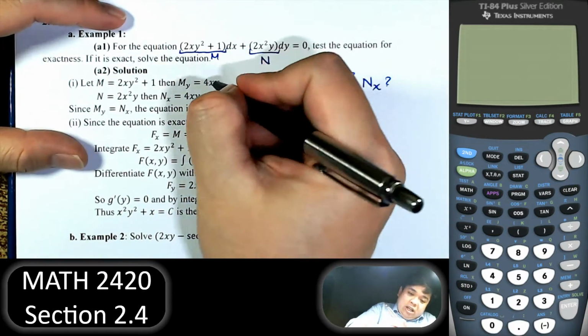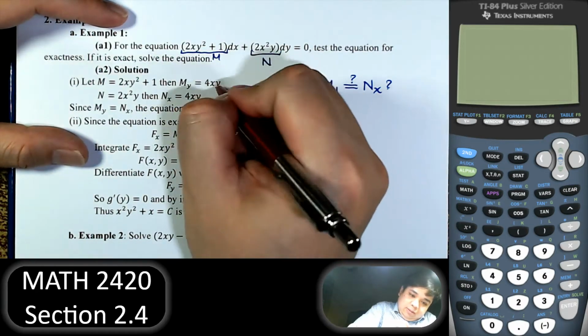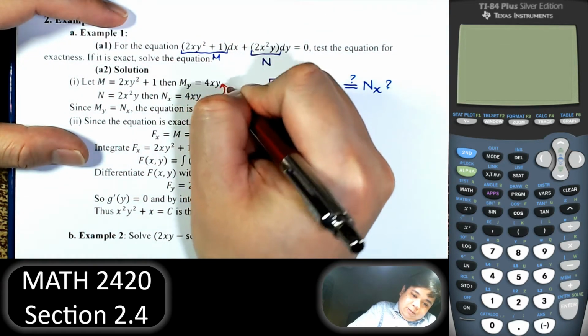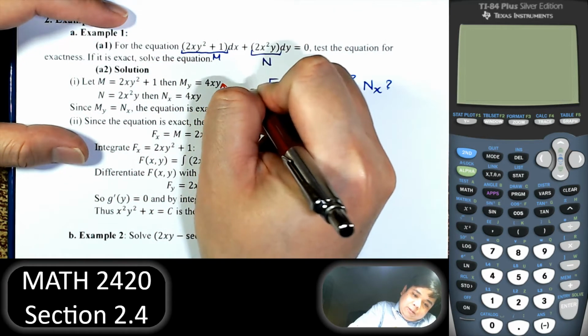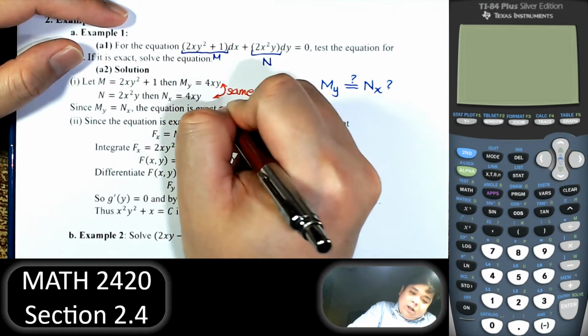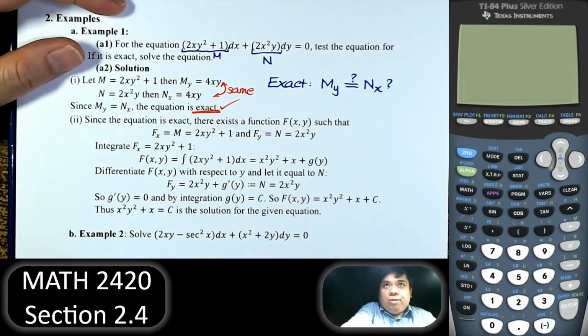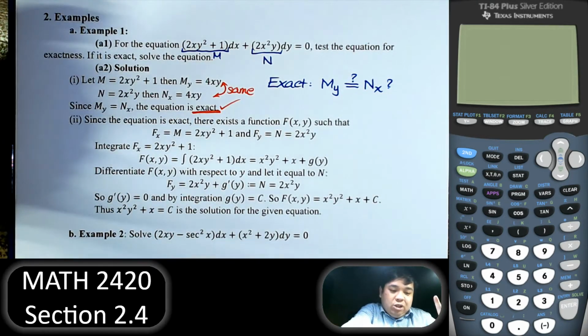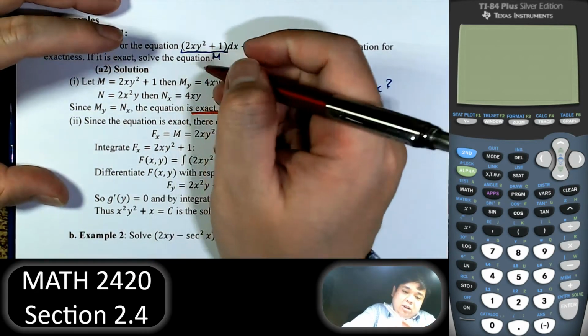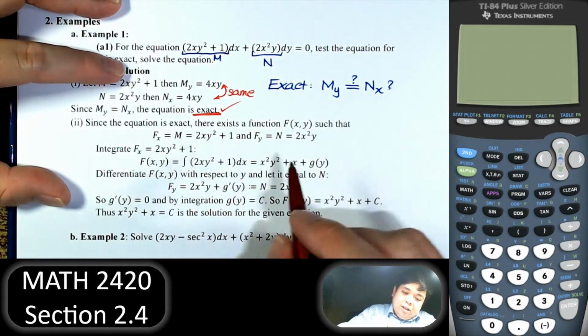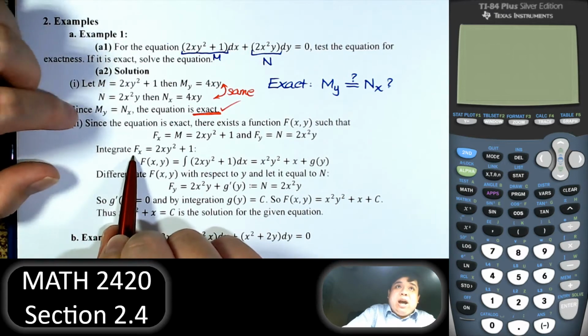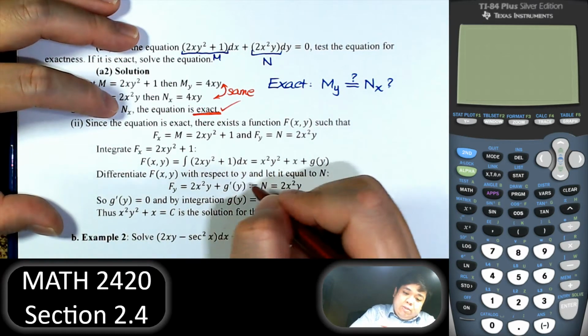Now these two are the same. So the equation is exact, which is good. In that case, we'll do two steps. Either we start with this and we integrate with respect to x and differentiate with respect to y.